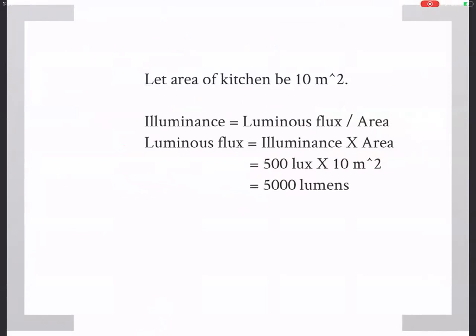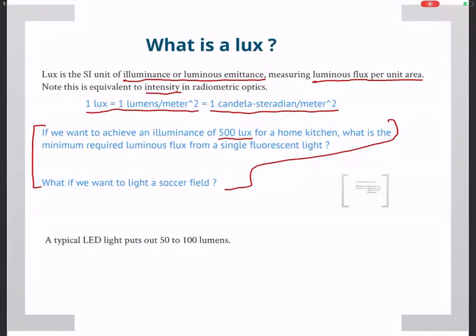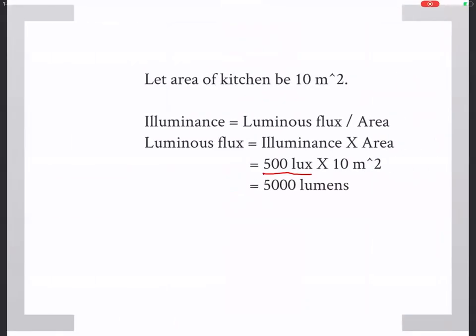Illuminance of 500 lux, 500 times 10, say 5,000 lumens. Now keep in mind that a typical LED puts out 50 to 100 lumens, so from that you can figure out that you might need a massive fluorescent light or many separate LEDs. If you want to light a soccer field, of course, you have to scale everything accordingly. So this gives you some rule of back-of-the-envelope calculations on the numbers.